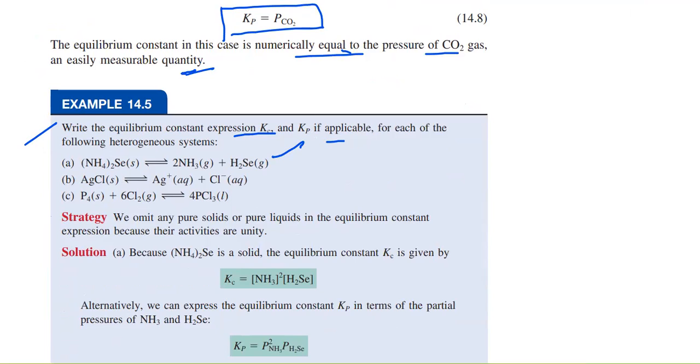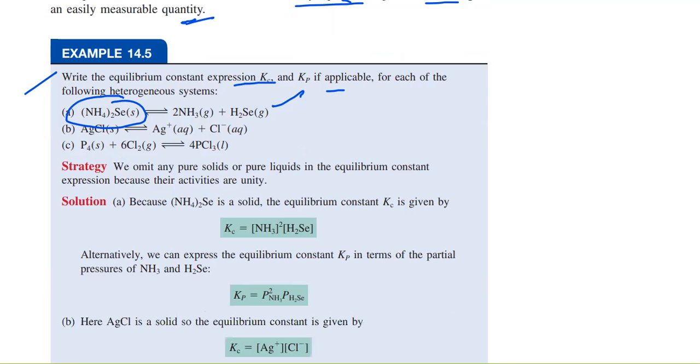So for that case, we will omit (NH4)2Se and consider it as unity, and we'll write Kc as NH3 concentration power 2 by H2Se concentration. Similarly, in place of the concentration, we express the partial pressures for Kp. You can write Kp equal to partial pressure of NH3 into partial pressure of H2Se. NH3 power 2 will come here.